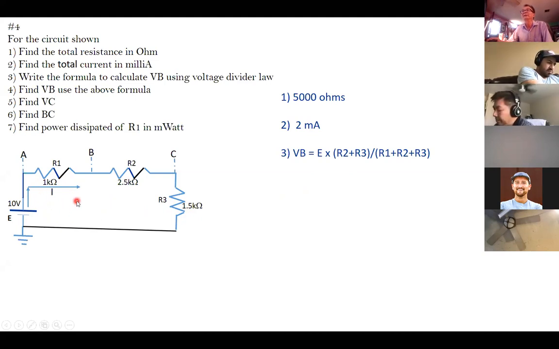Sometimes they don't ask you for the current, so you don't have to calculate it. They want the voltage divider. VB using the circuitry is 8 volt.